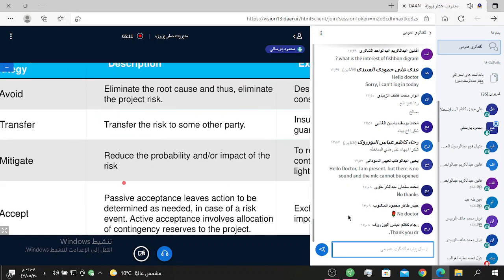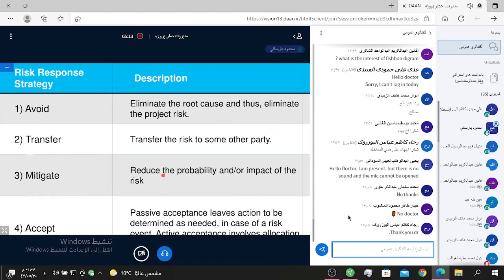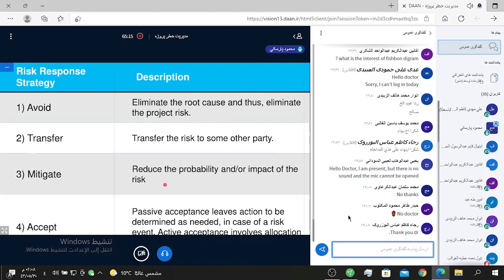And the description about these strategies, for example, avoid means eliminate the root cause and thus eliminate the project risk.